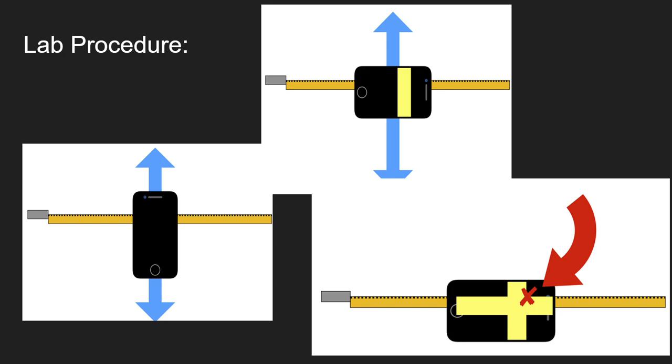This was to make sure that all the magnetic field due to the Earth was as low as possible in the x direction, so that we lined up the phone and the measurement exactly with the magnetic field of the Earth, and therefore all of the magnetic field of the Earth was in the y direction. And so that perpendicular orientation really helped in this experiment. And we also moved the phone around to find our reference point in our calculations.